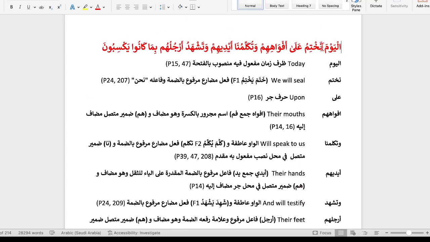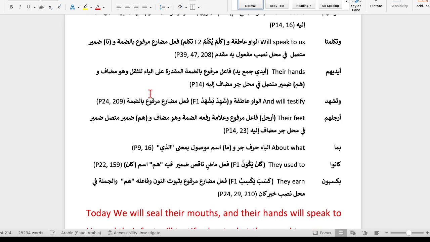So today the translation is simple: today we will seal, nahnu, we, referring to Allah subhanahu wa ta'ala, we will seal ala afwahihim, their mouths, wa tukallimuna aydihim, and their hands will speak to us, wa tashhadu arjuluhum, and their feet will testify, bima kanu yaksibun, about what they used to earn, what they used to make.